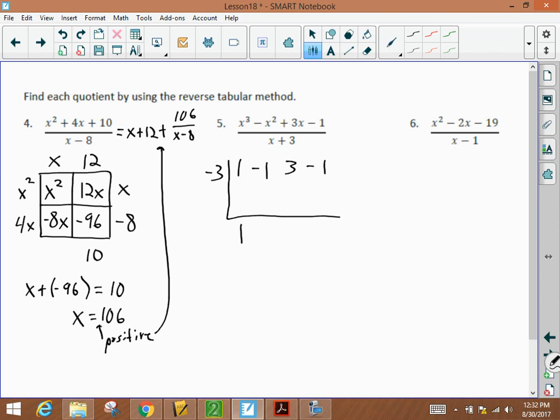Negative 3 times 1 is negative 3. Negative 1 plus negative 3 is negative 4. Negative 3 times negative 4 is positive 12. 3 times 12 is going to be 36. Negative 3 times 36. What is it? It's 90 plus 18, or 108. And it's negative.